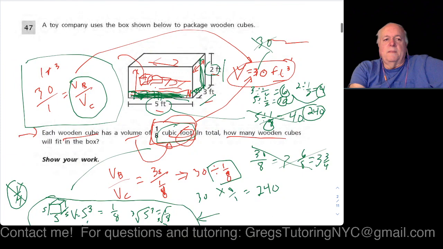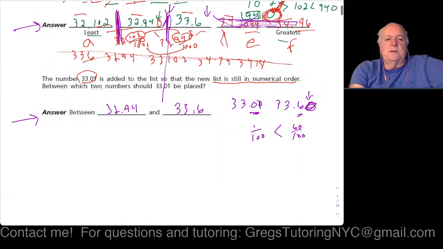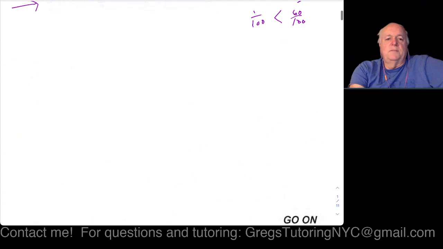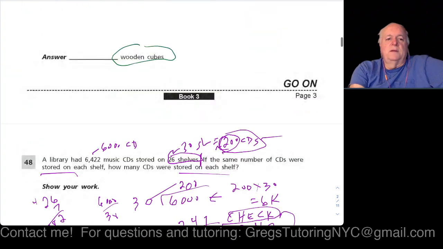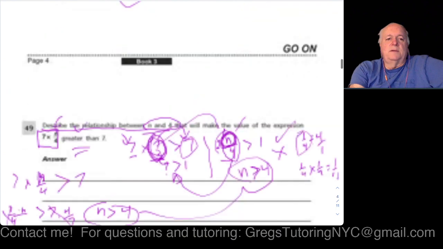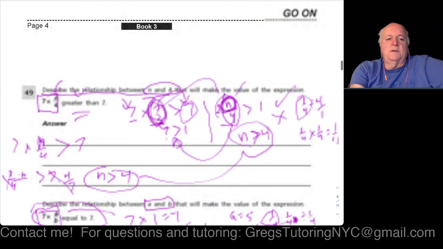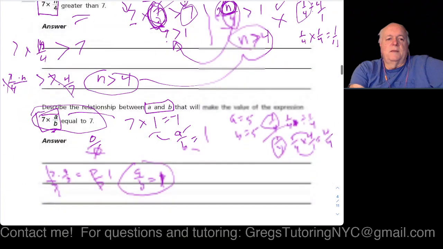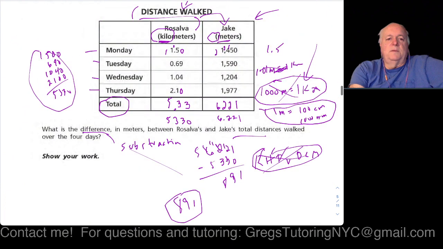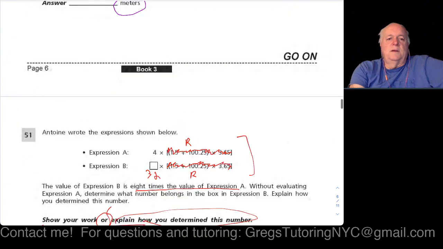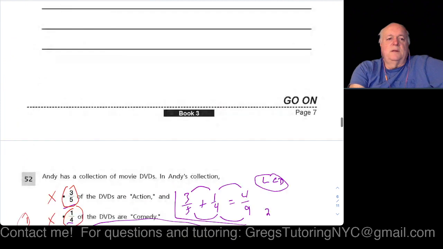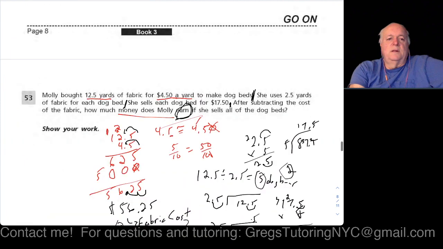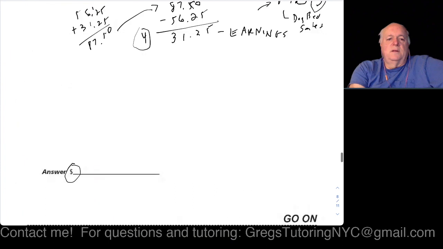Let's see, 46, we did. 47 we did. 48 we did. 49 we did. Let me just let that catch up and get focus. 50 we did. 51 we did. 52 we did. 53 we did. 54, yeah, whoops.